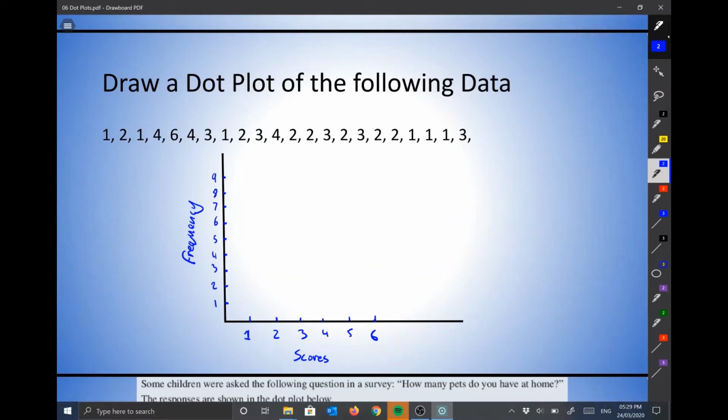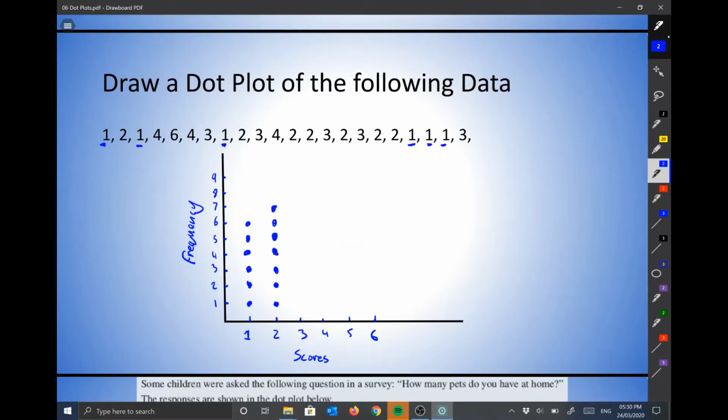And now what I'm going to do is I'm going to consider all the ones, and every time I see a 1, for every one that appears in my data, I'm going to put a dot over the ones. Then I'm going to do the same thing for the 2's, count up how many 2's I have. And for every 2, I place a dot above the 2's.